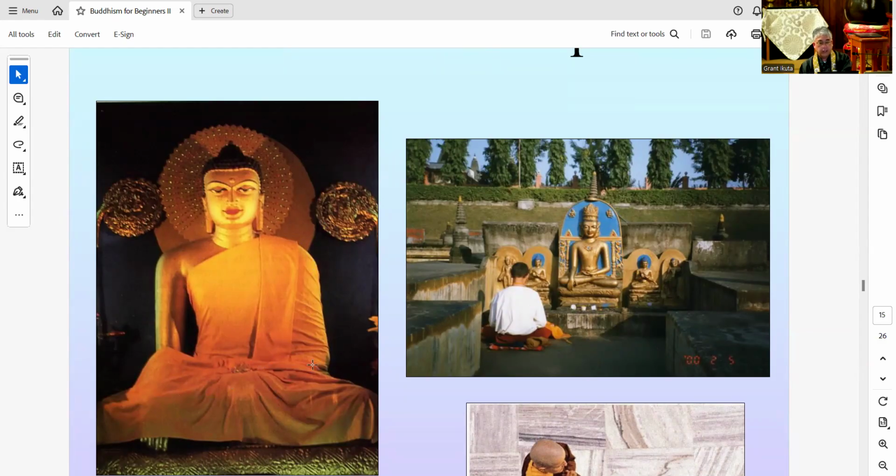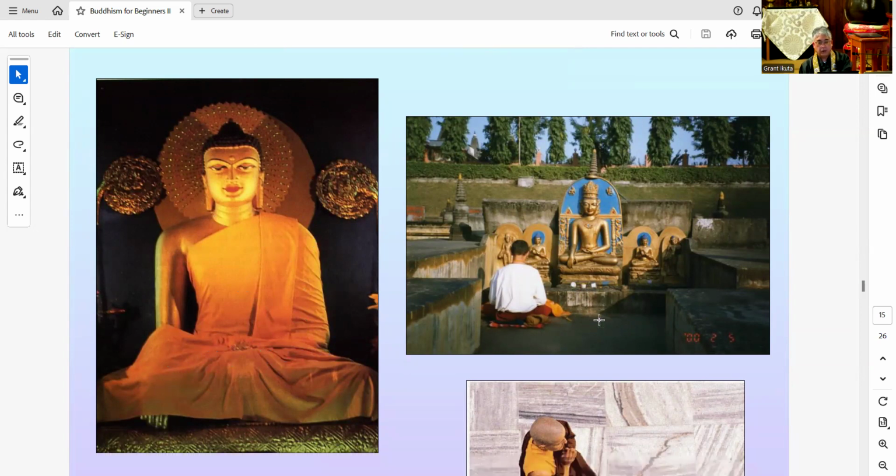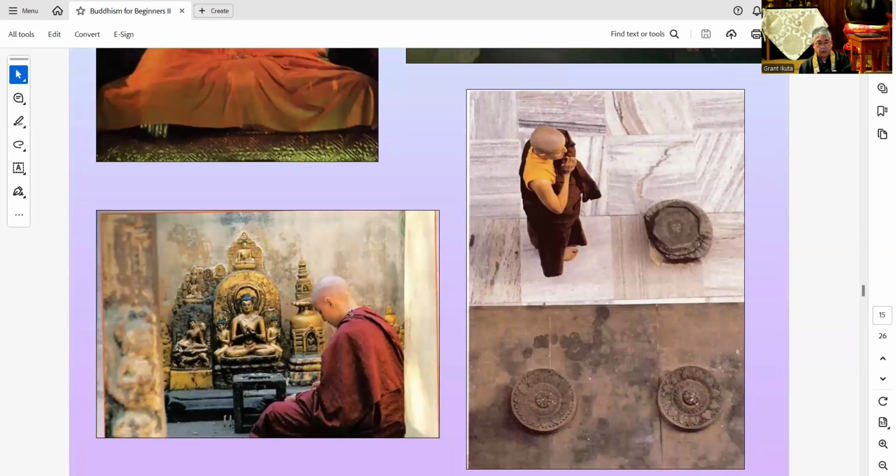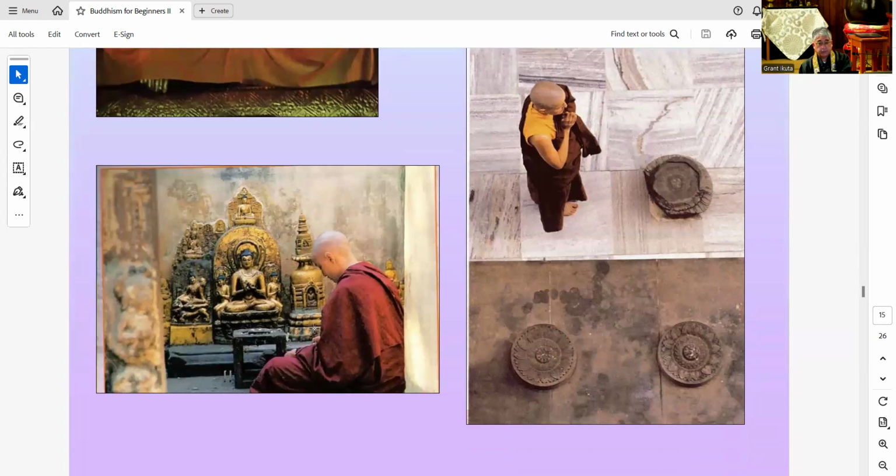As you can see, although it's covered in cloth, you can see the fingertips out. This is the Buddha touching the earth, his proclamation of attaining enlightenment. Throughout the compound, you have these little alcoves or worship areas, and many, many people coming to visit and worship.